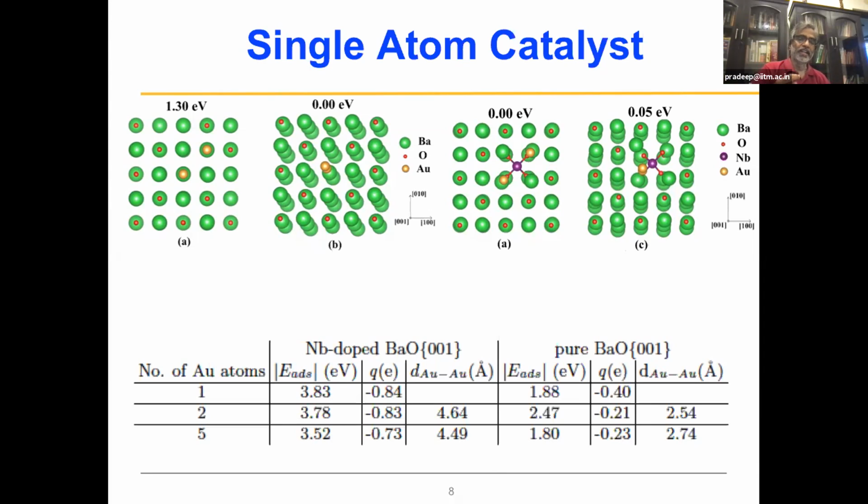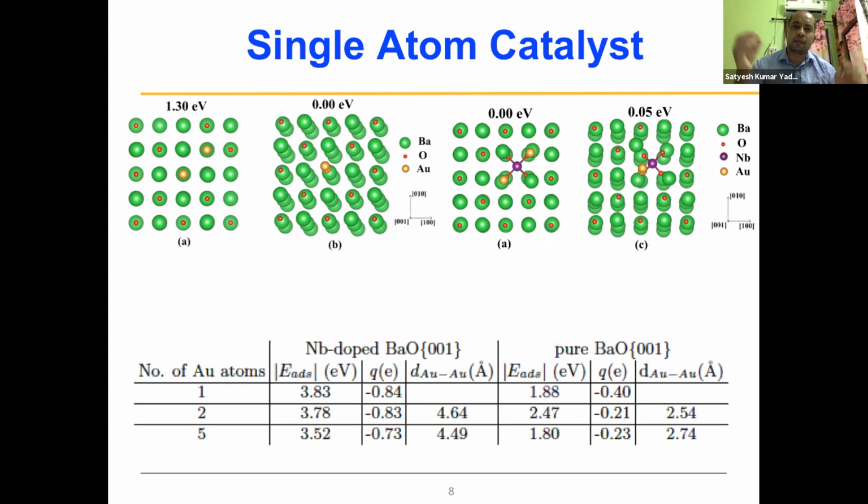So in your calculations, did you see this as gold atom or gold ion? Gold as, you want to know the reference, huh? I want to know, when you say gold is placed, electronically, is that gold 0 or gold 1 plus? No, gold 0.